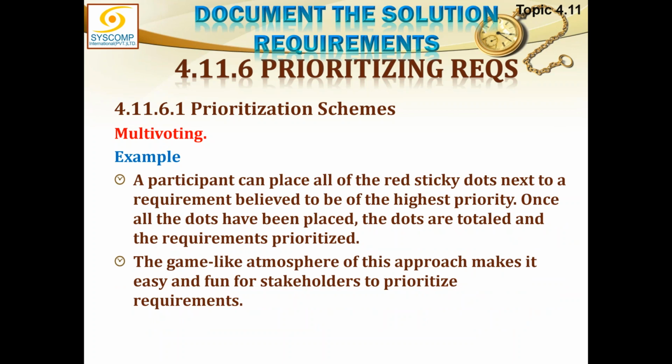A participant can place all of the red sticky dots next to a single requirement believed to be the highest priority. Once all the dots have been placed, the dots are totaled and the requirements prioritized. The game-like atmosphere of this approach makes it easy and fun for stakeholders to prioritize requirements.